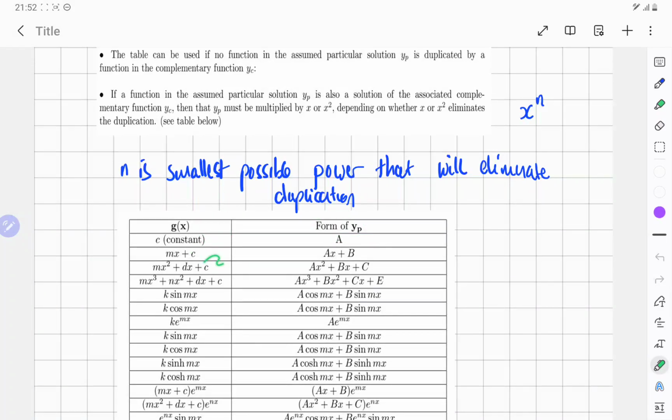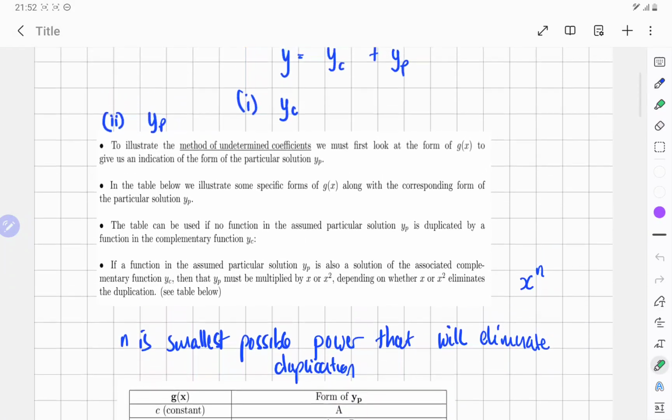Just to recap, if our g(x) is, for instance, a quadratic polynomial, the form of y_p will also be a quadratic polynomial.